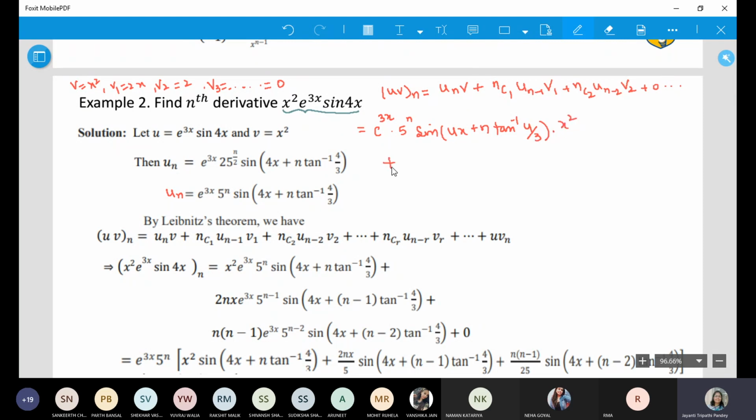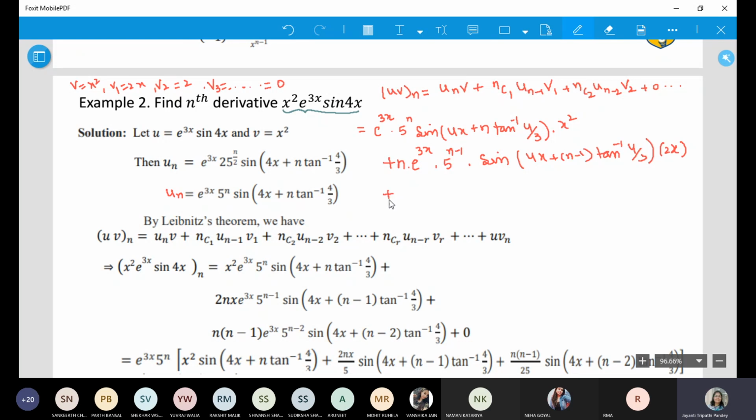The second term: e to the power 3x, 5 to the power n minus 1, u_(n-1), sine(4x plus (n minus 1) tan inverse 4 by 3), times 2x, and this is multiplied by n because we know that nC1 is n. Just now I have calculated that for you.